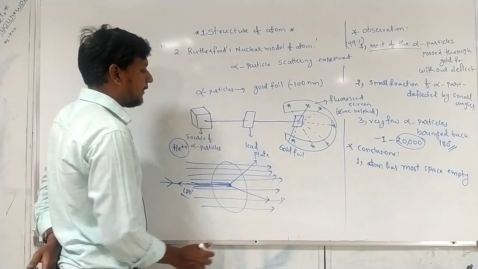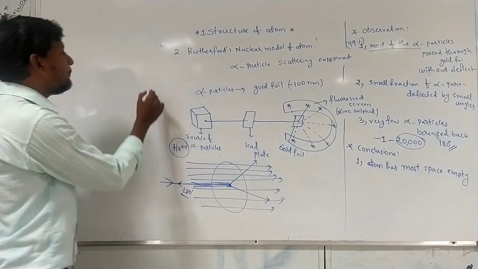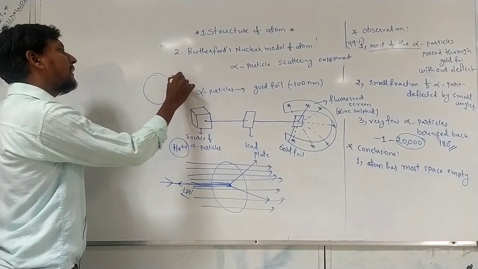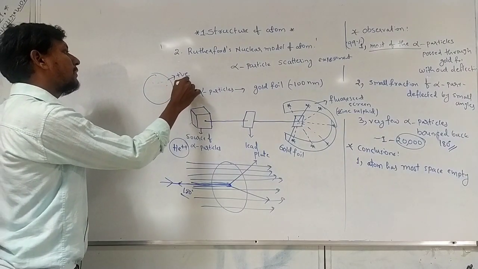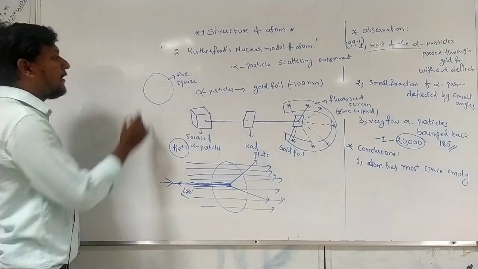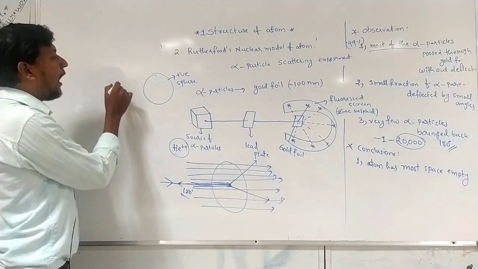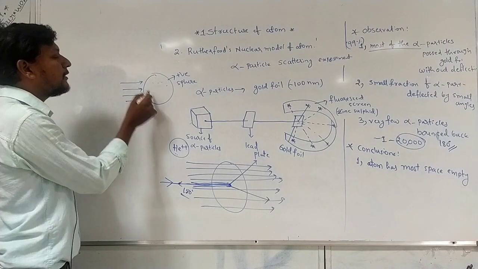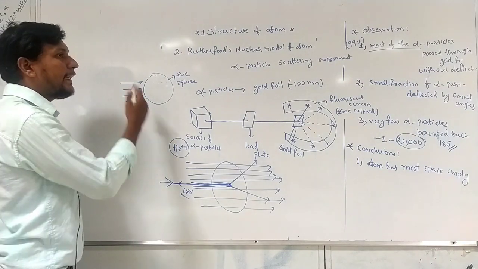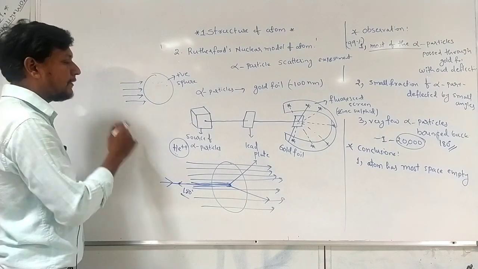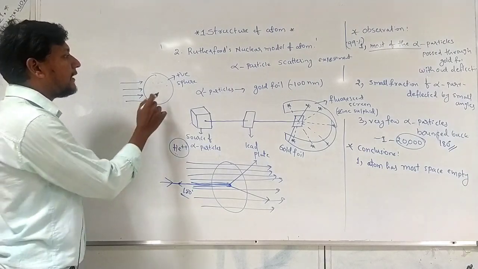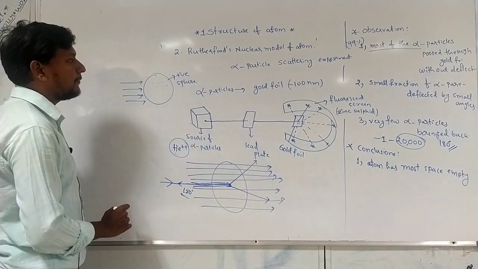That means, according to the Thomson model, this sphere is considered a positive sphere. When the positive alpha particles move from here, they could bounce back and take large angles of deflection. But here it is not observed.